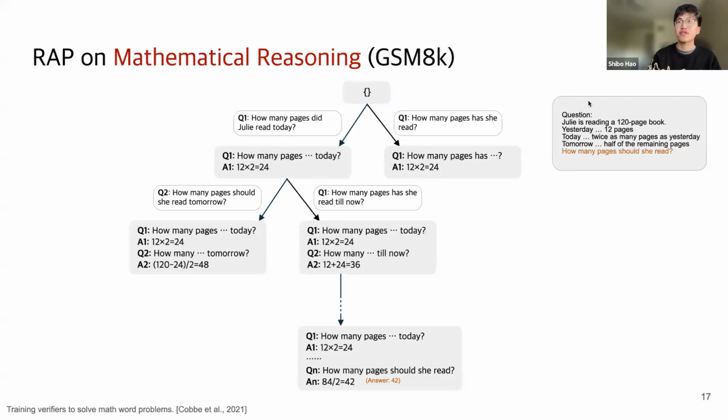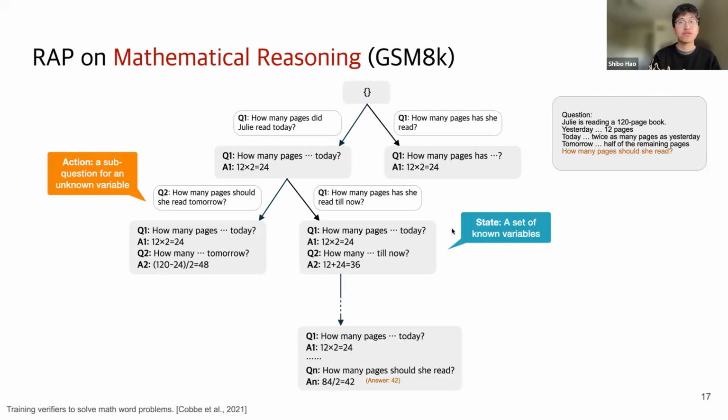So basically, we'll have a question with some background knowledge. In this problem, we define the state as the collection of all the currently known variables. So essentially, solving the mathematical problem becomes a process of expanding this set of known variables until the question can be answered.